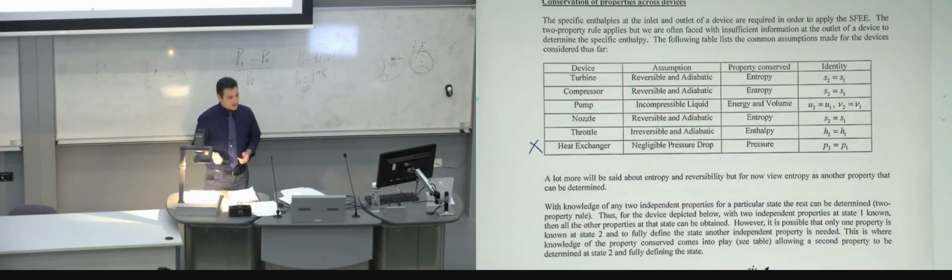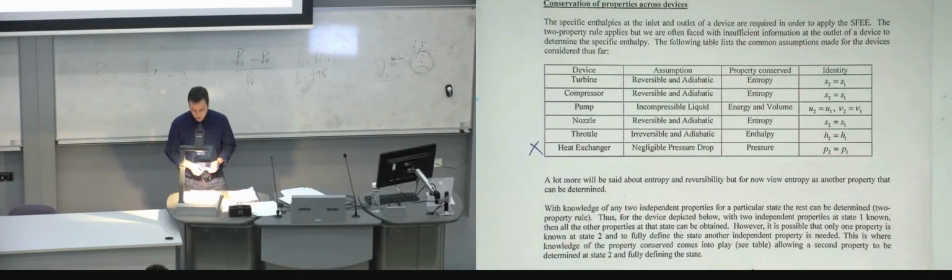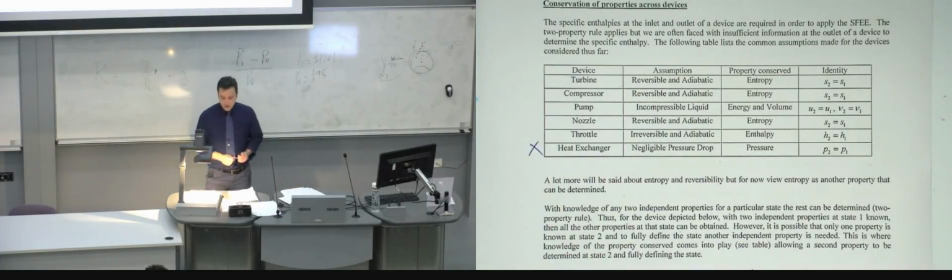We're going to come back to this when we cover entropy, because in most cases entropy is the property which is conserved in the case of the nozzle, the compressor and the turbine. But it's a very good summary of what assumptions we're making when analyzing these devices.